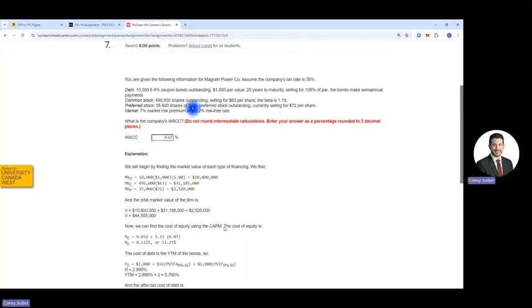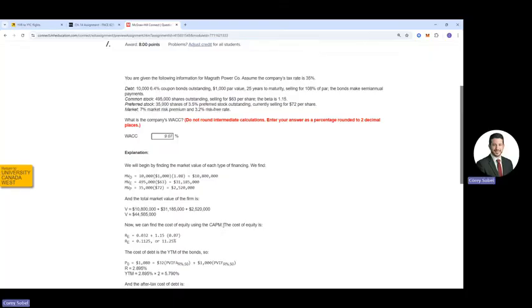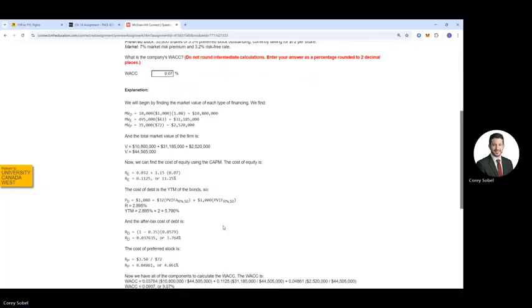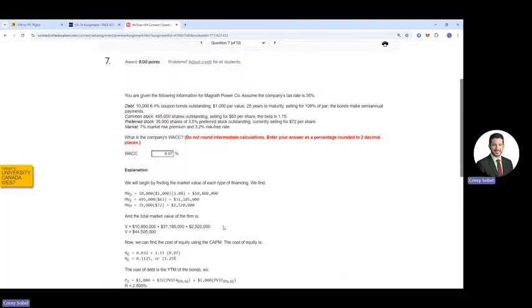What you can do is just take the 3.5 there. I don't really love how this question's worded, because they didn't really tell me exactly what that 3.5% means, like what that dividend means.